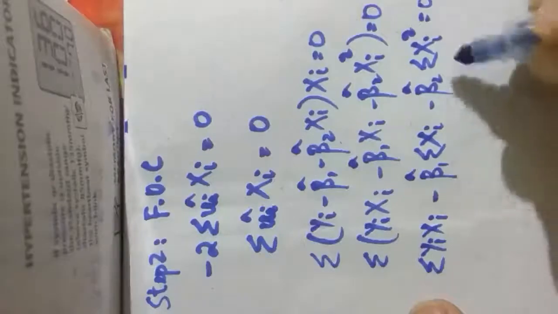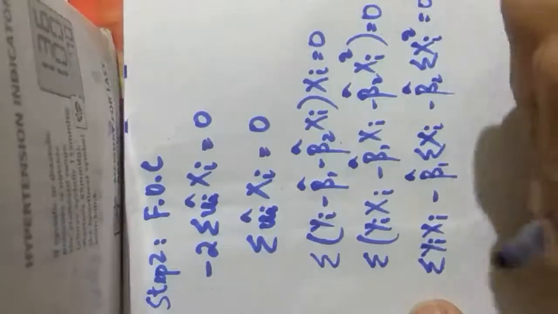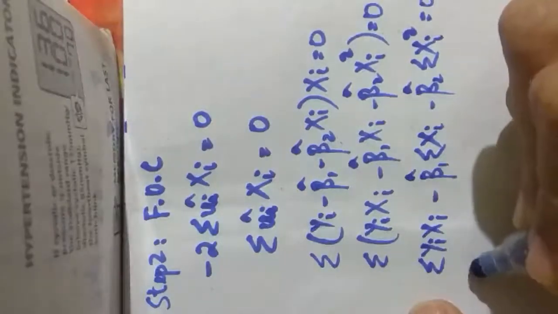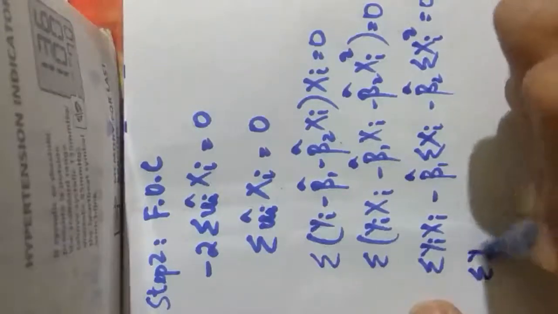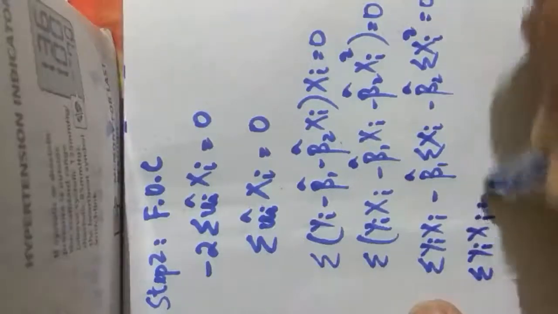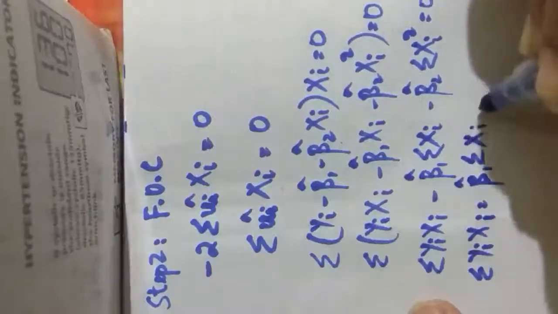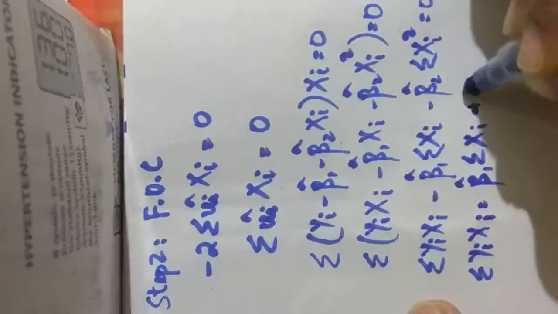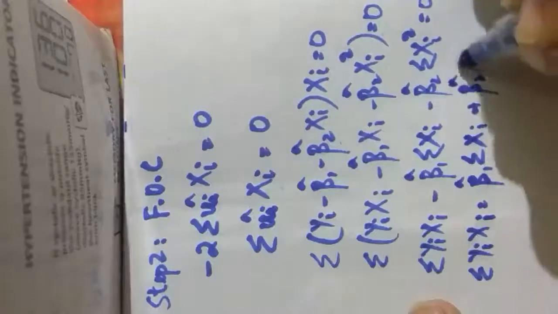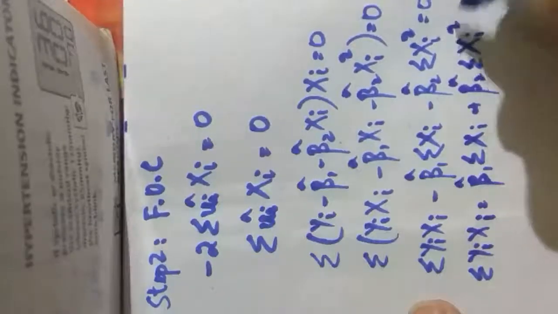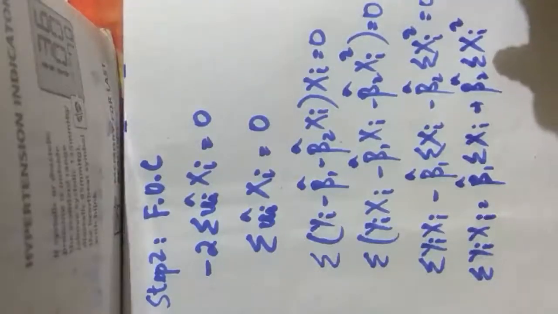Taking the last two terms to the right hand side, I can write this as summation yi xi is equal to beta 1 hat summation xi plus beta 2 hat summation xi square, and this is my second normal equation.